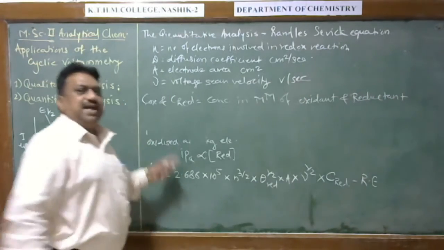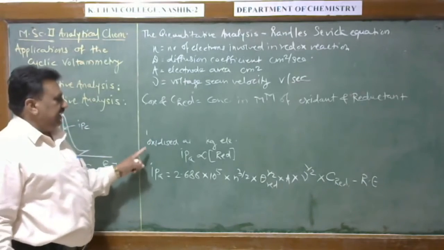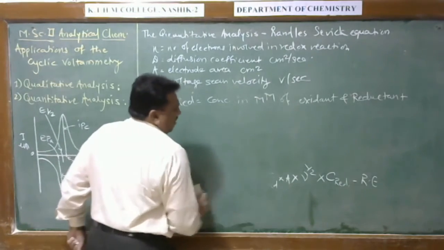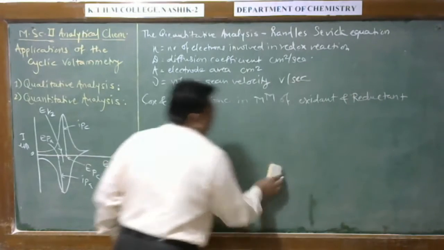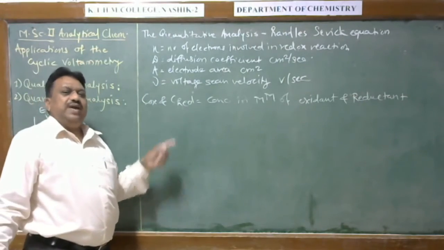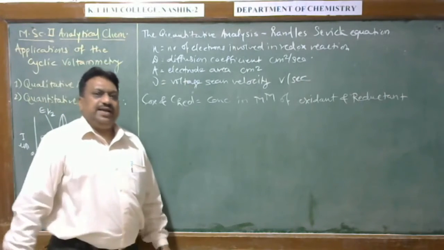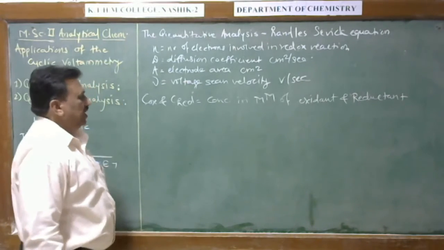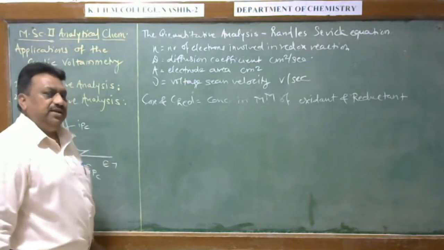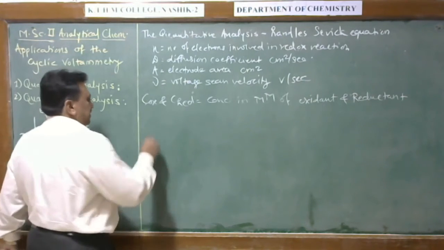Therefore, in cyclic voltammetry, we can determine the concentration of oxidized species or reduced species in forward or in reverse scan by using the magnitude of anodic peak current or cathodic peak current. Therefore, here we can use cyclic voltammetry for quantitative analysis.